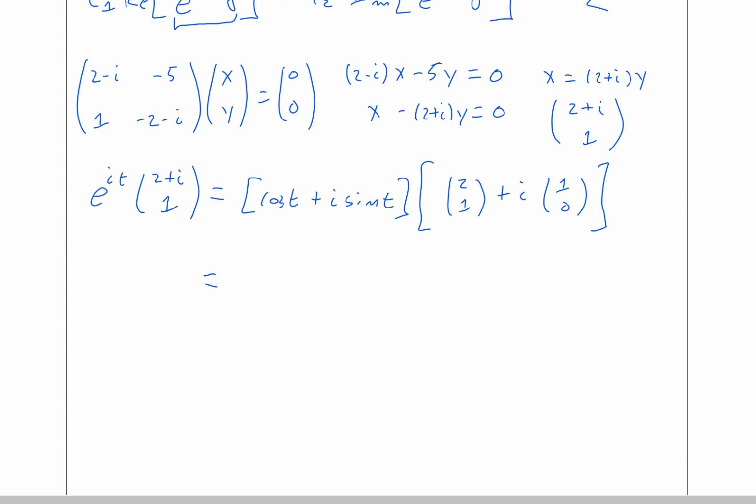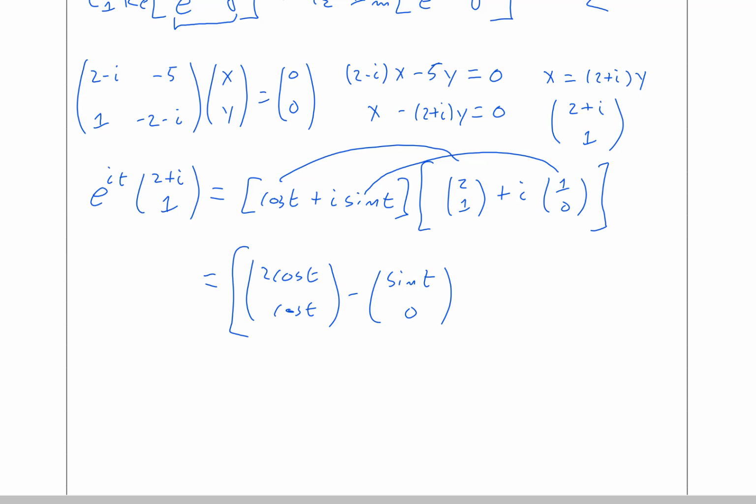Okay, now I'm just going to split this into its real and imaginary parts. Cosine t times (2, 1) is going to give me a real vector, so I'll get (2 cosine t, cosine t). But notice also when I do i sine t times that vector, since i times i is equal to minus 1, that's also going to give me a real vector. So this will be (minus sine t, 0). So this is the real part.